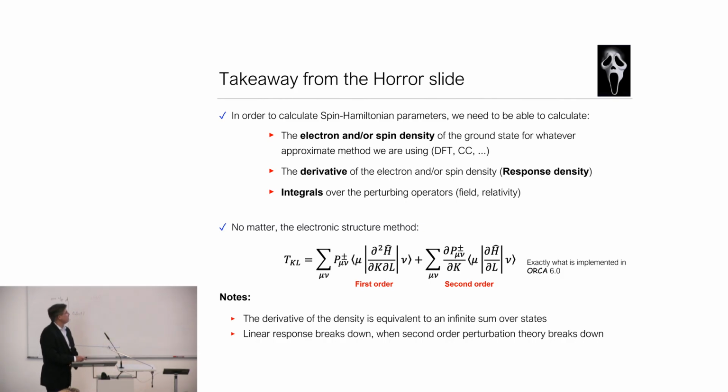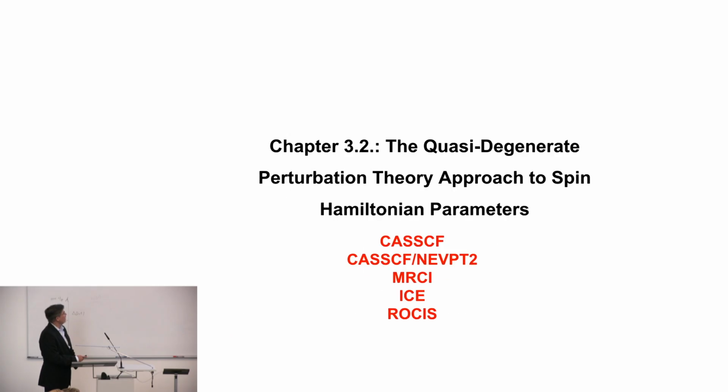Now there is a situation, and those of you who work in molecular magnetism, and I know there are a couple of you who do that, face a different situation. And that different situation is met when the linear response theory breaks down, or that perturbation theory I've shown you before also breaks down.